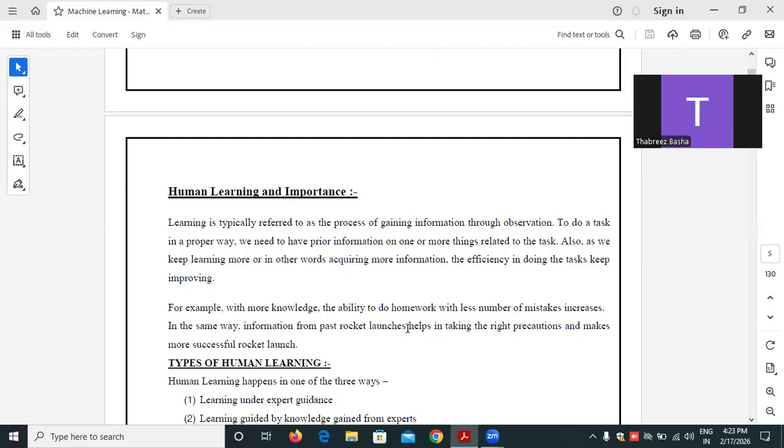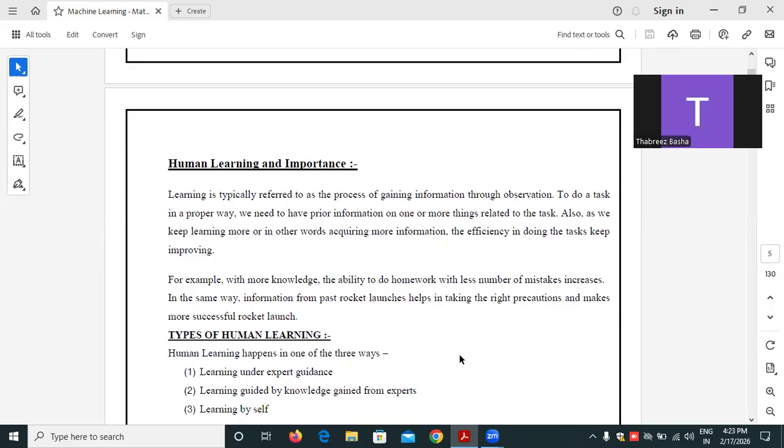In the same way, information from past rocket launches helps in taking the right precautions and making more successful rocket launches. In children also, some mistakes are made in homework every day, but as they find out the mistakes, they automatically decrease. Children follow this and automatically improve in the education field.